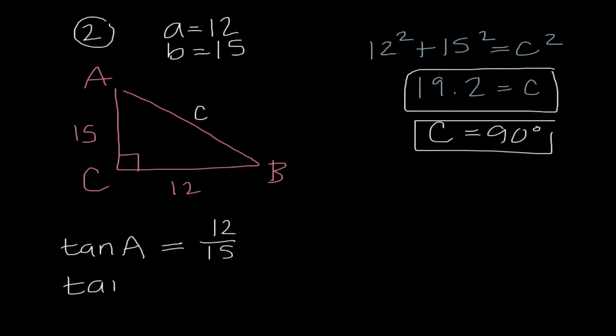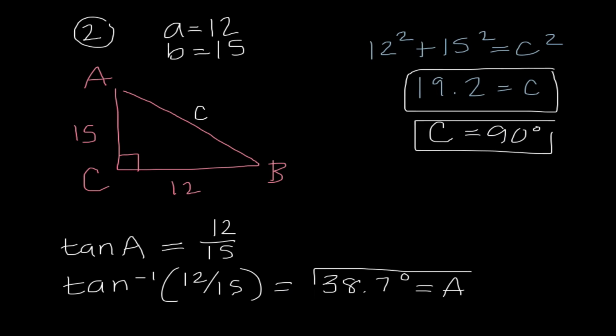We know that to find an angle, I'm using tan inverse. So I'm going to do tan inverse of 12 divided by 15. Make sure that when we're doing this, we know that we should be in degree mode. And that's something we should always check as soon as we start our assignment. Okay, and this would be 38.7 degrees. And that is equal to A.